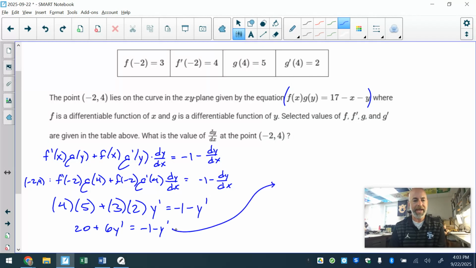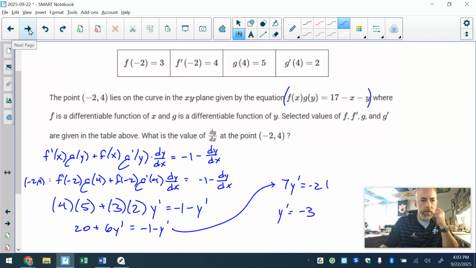I will, let's see, add my y prime over, so I'll have 7 y primes on the left side. I'll subtract the 20 and divide by 7, and we get the value of the derivative to be negative 3 for that one. Let's see, onward. I think so.